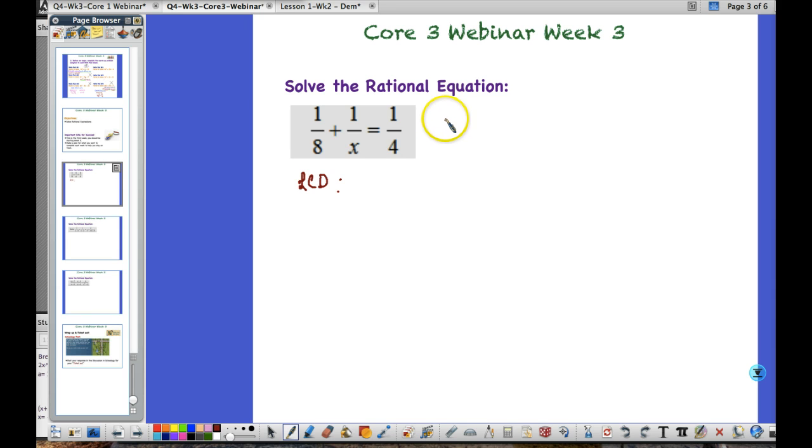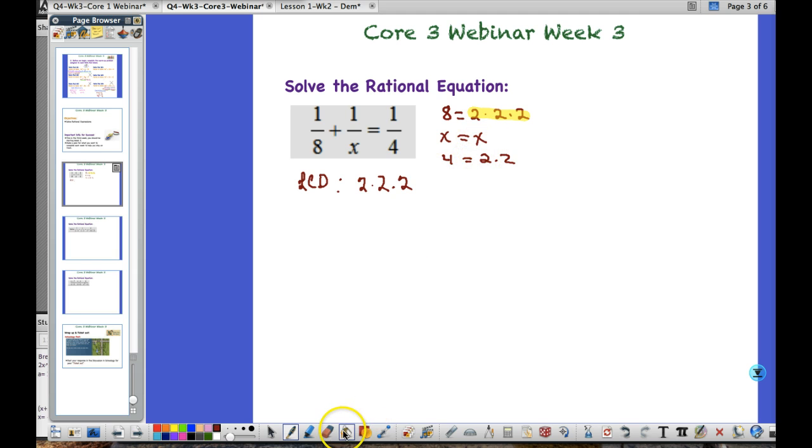So the easiest way to find the lowest common denominator is to break everything apart into prime factorization. So we know that 8 is 2 times 2 times 2, x is just x, and 4 is just 2 times 2. So when we do our prime factorization to find our LCD, we're going to go ahead and take one of them. So I'll take this one, all the 2's, right? So we need 3 2's.